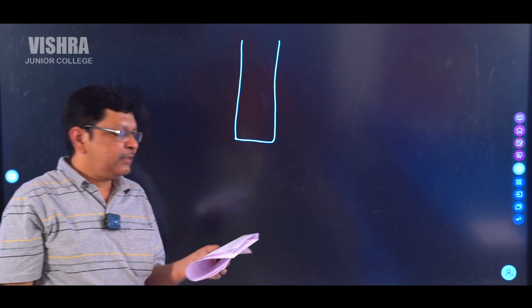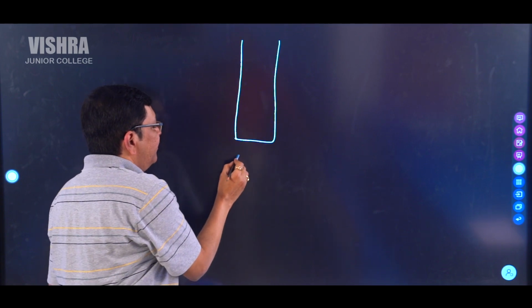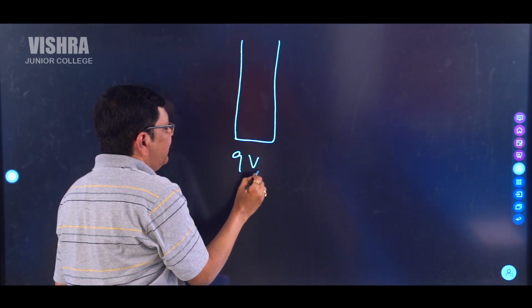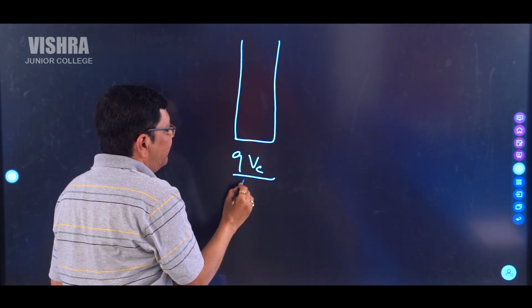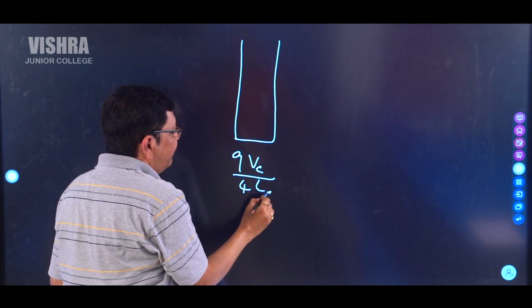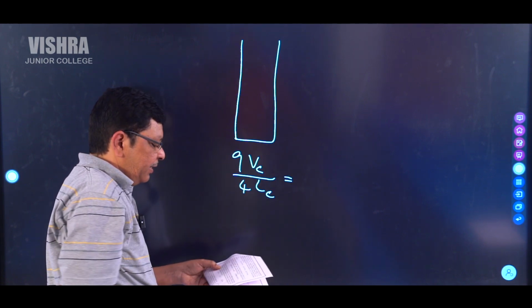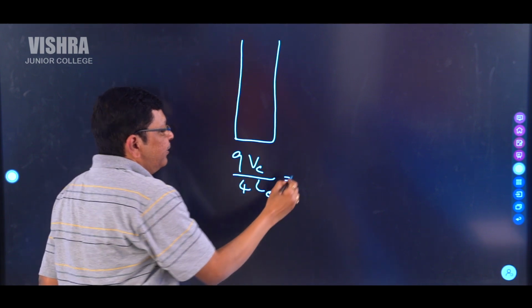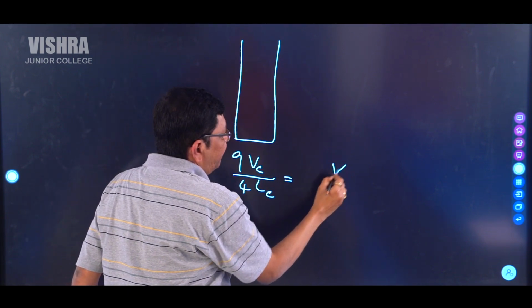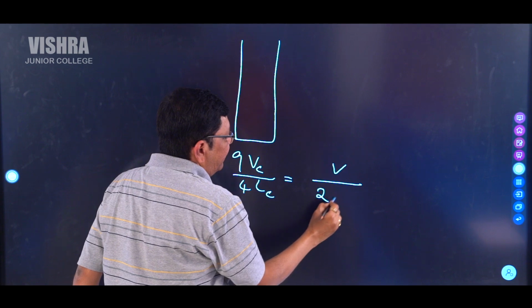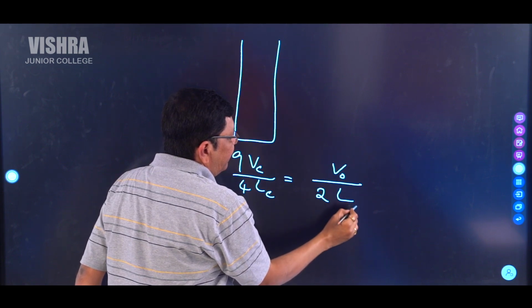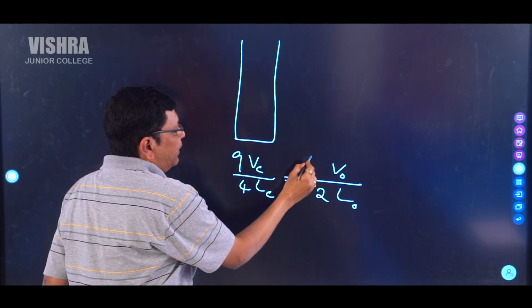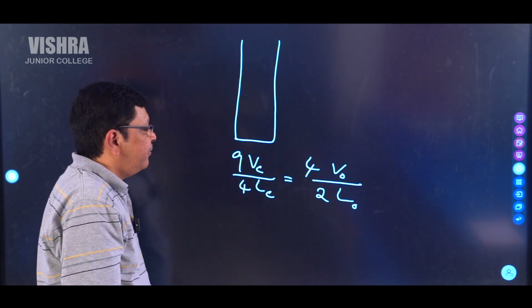Ninth harmonic means 9 times V by 4L, that is, 9 times V of the closed pipe upon 4 times the length of the closed pipe, is the same as the frequency of the fourth harmonic of the open pipe. In the open pipe the fundamental is V by 2L, with V open and L open, and fourth harmonic means multiplied by 4.